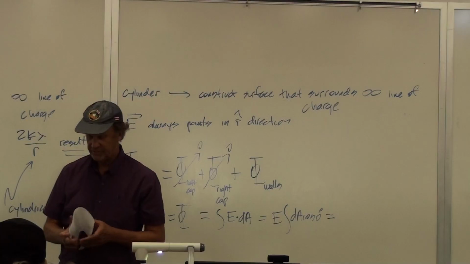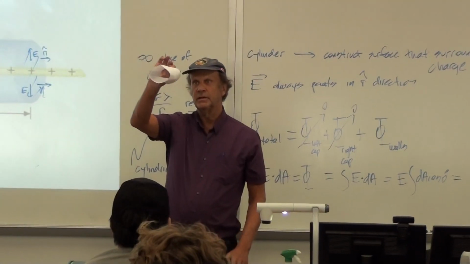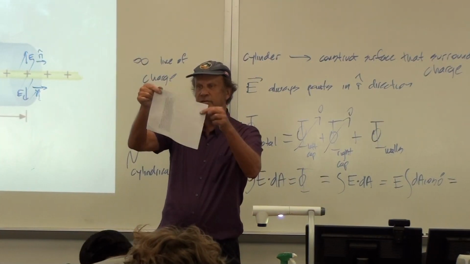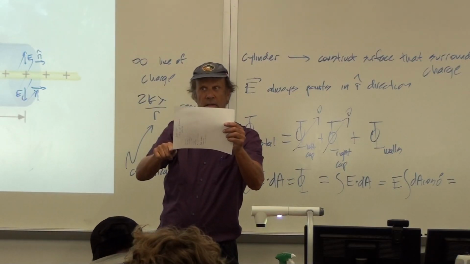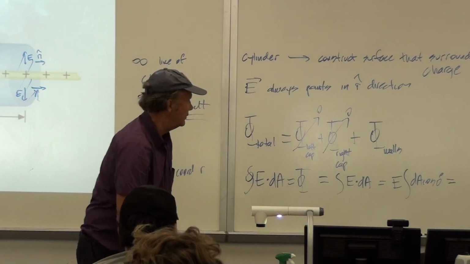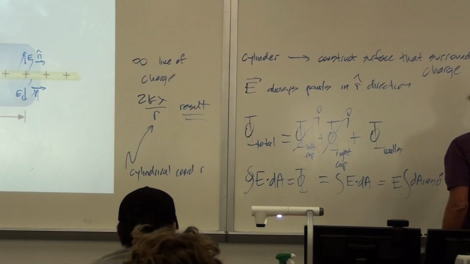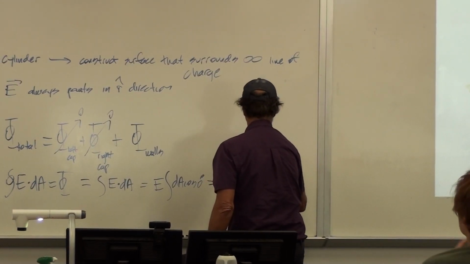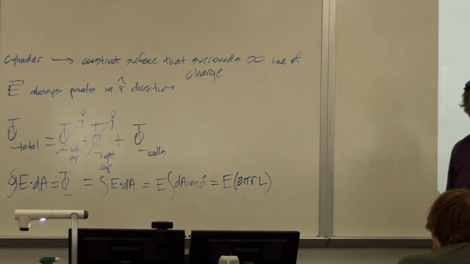Let's see if that makes sense. Okay, so here's my cylindrical surface here. Here's r. So this distance, 2 pi r L. Everybody good with that? That's the area of the wall of the cylinder. So this is E times 2 pi r L. So you say, okay, well, is this when I said L equal to infinity?